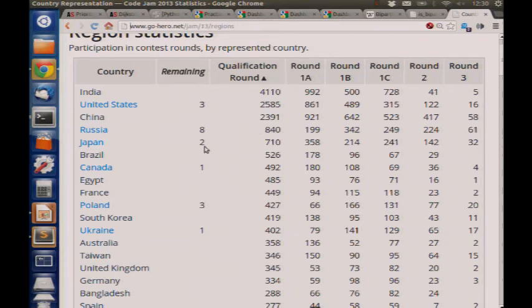For example, Japan also has 2 competitors, but they are really, really strong. They could place at least 4 people in the final. And they were just not competitive something like 5 years ago. Instead, now they are one of the best competitors.